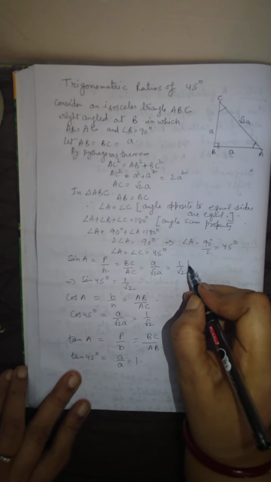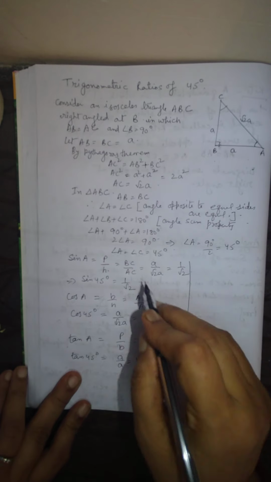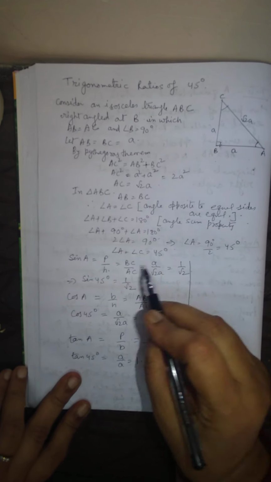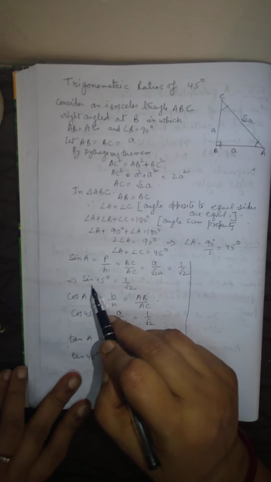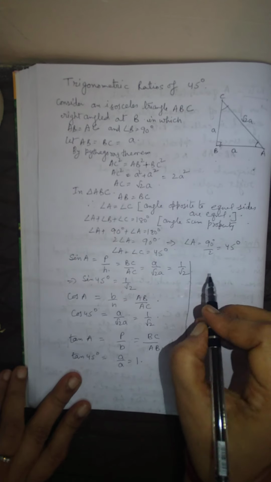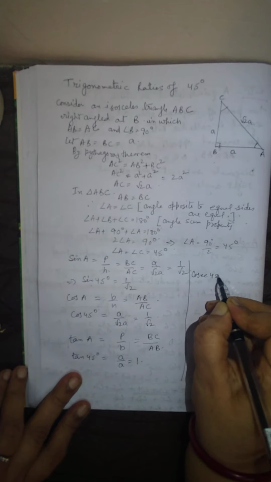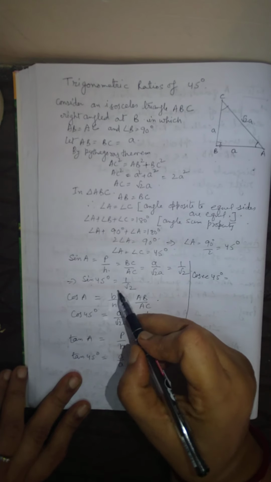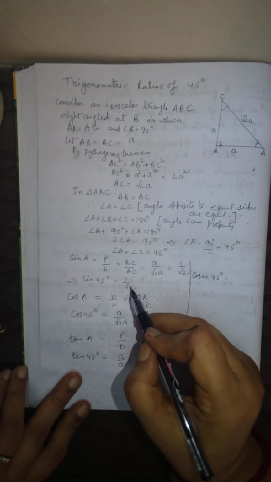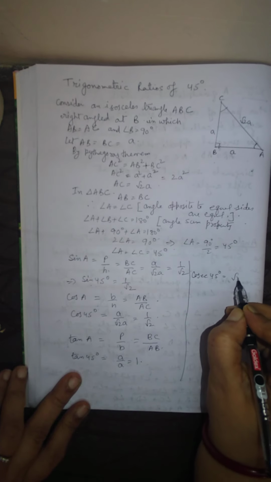Now, as we know, cosec is the reciprocal of sine. So cosec of 45 degree equals the reciprocal of sine 45, that is 1 by root 2, so it is root 2.